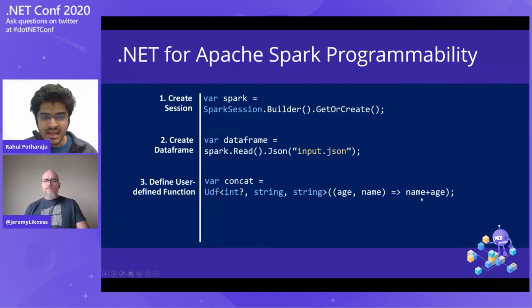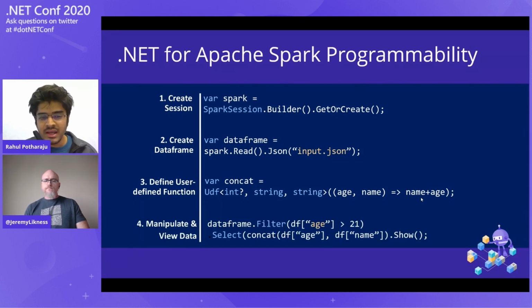And here's where something interesting happens. Now you can take this user-defined function and basically give it to Spark. You're now saying dataframe.filter. You're providing some kind of predicate in order to filter your data based on the criteria that I only want to select records which are greater than 21 years old, essentially, right? And then you're saying select, and then you're passing in the user-defined function that you defined into Spark.